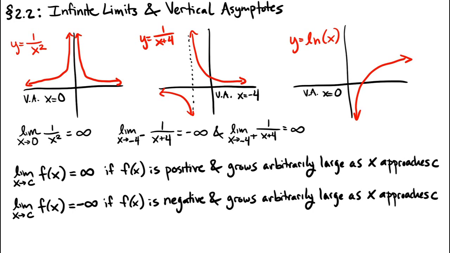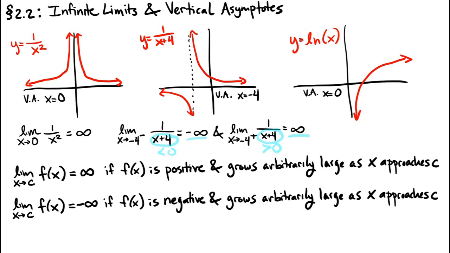When x is a little less than negative 4, this denominator is negative. So we're getting 1 over a tiny negative thing. That makes a giant negative thing. Similarly, on the right, x plus 4 is going to be positive, and when you divide 1 by a tiny positive thing, you get a giant positive number.